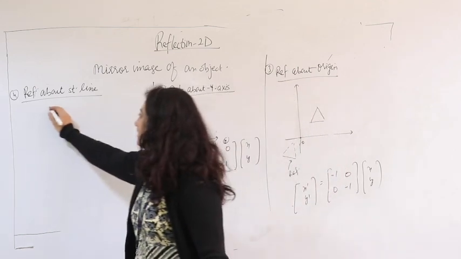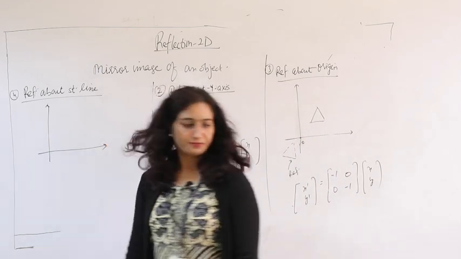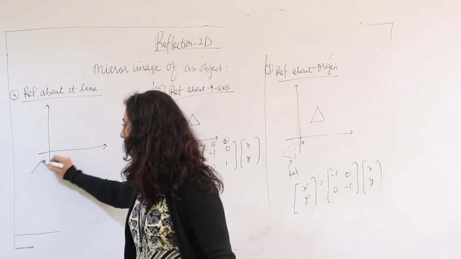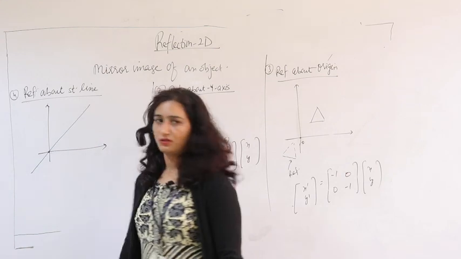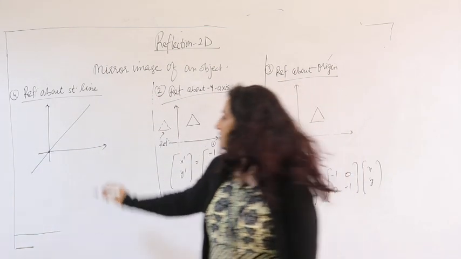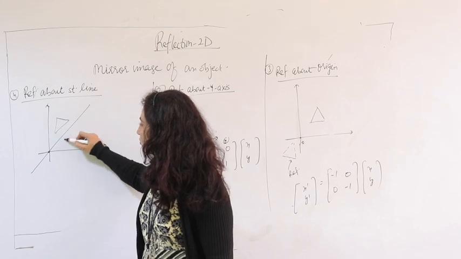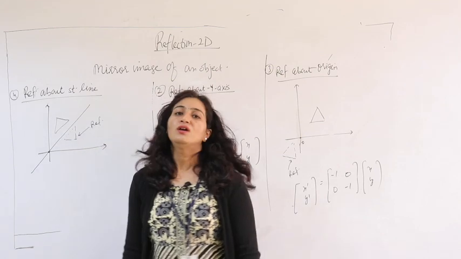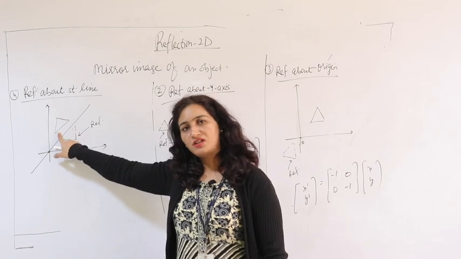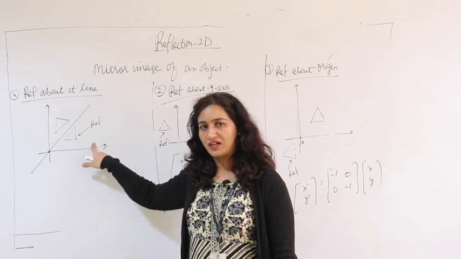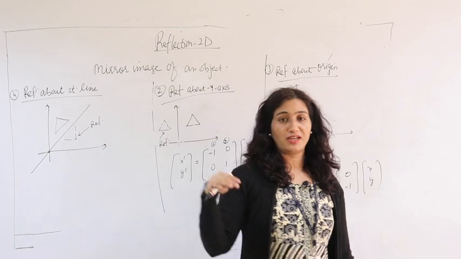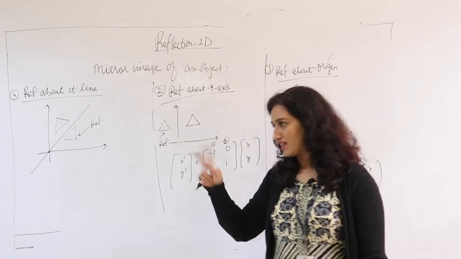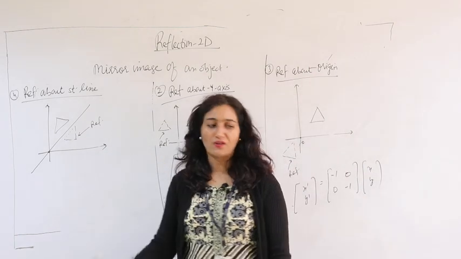Suppose this is a line which is passing through the origin. Clear? So suppose the object is here, so its reflected image will be here. This is the reflected image. It has x-axis positive, y-axis positive. Similarly, the reflected image also has x-axis positive, y-axis positive, but there is an exchange of the values of x-axis and y-axis.